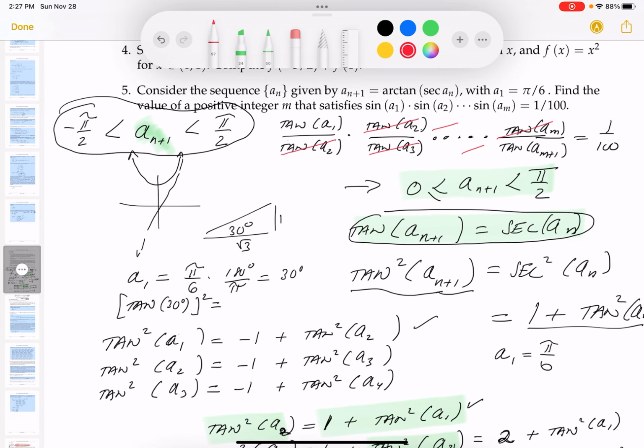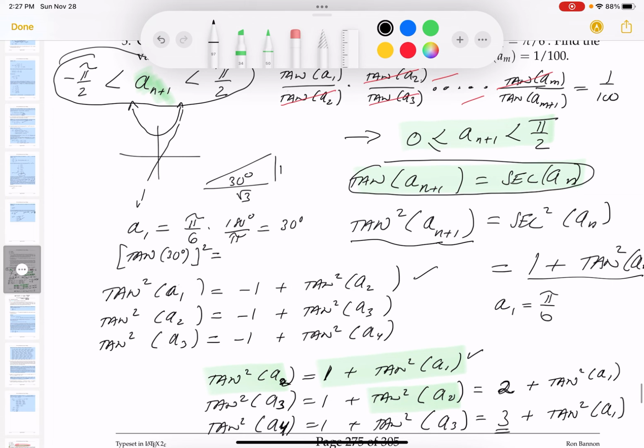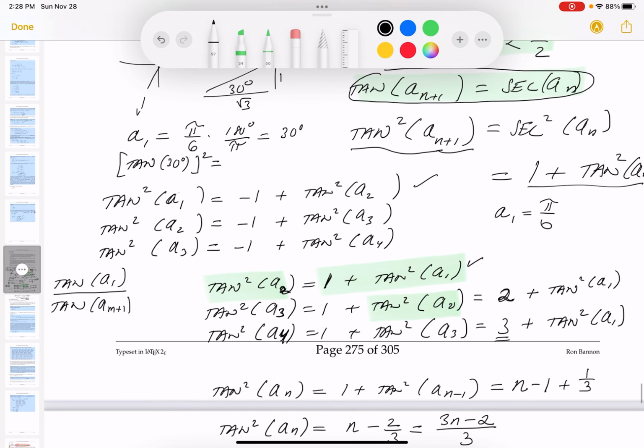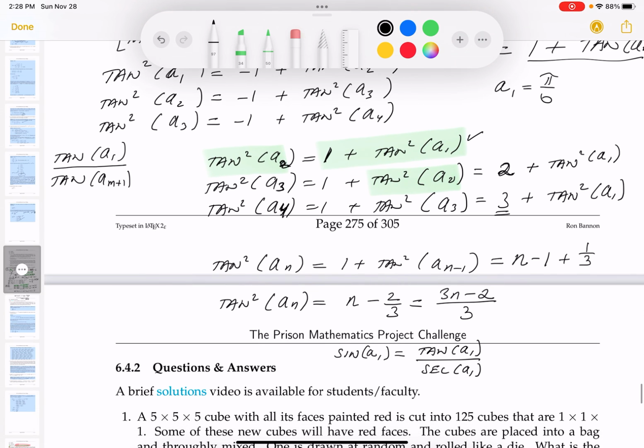So what I'm claiming in the end, when all that dust settles, I'm going to be looking at the tangent of A1 over the tangent of A sub M plus 1. Boy, I'm coming back to that thing again and again, right?